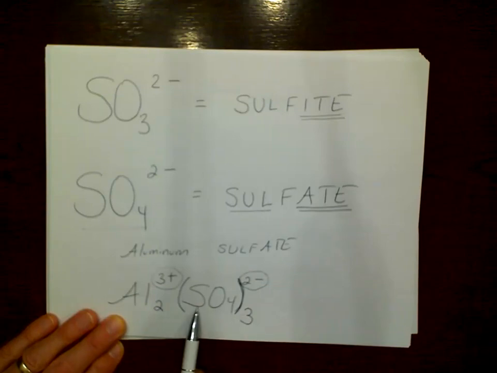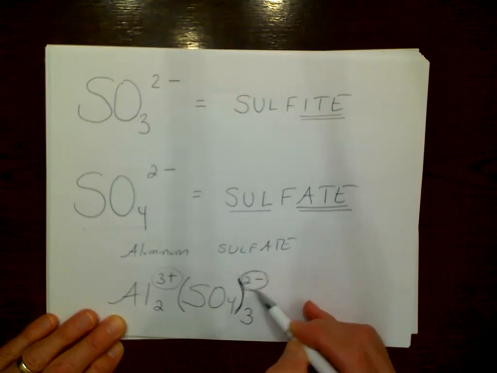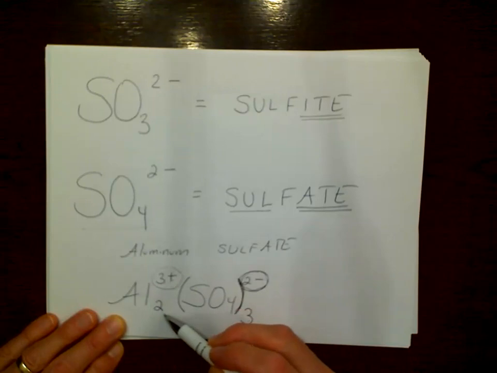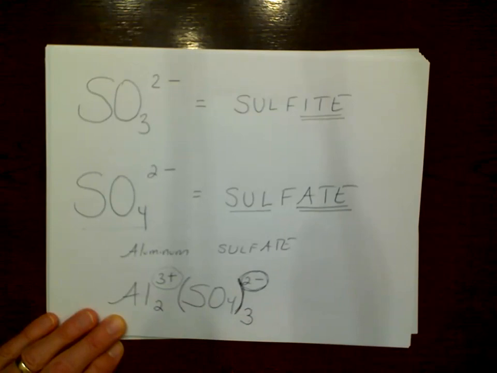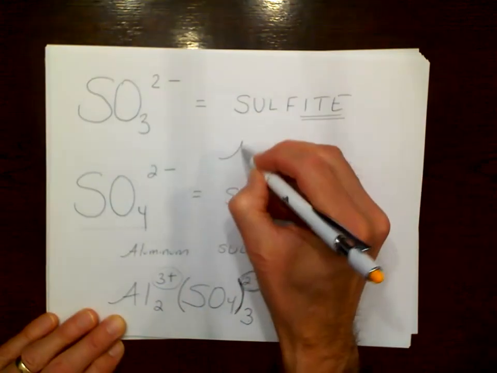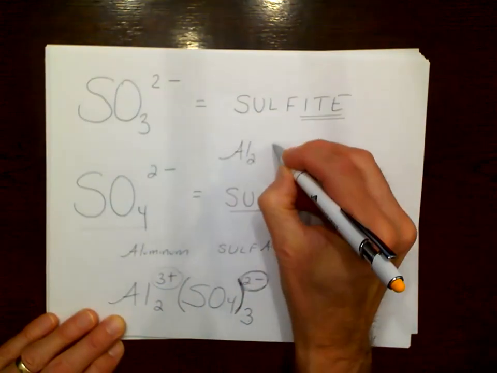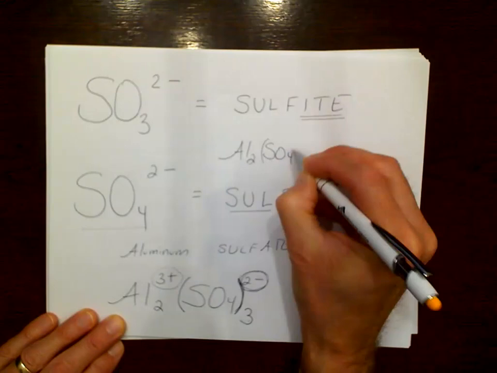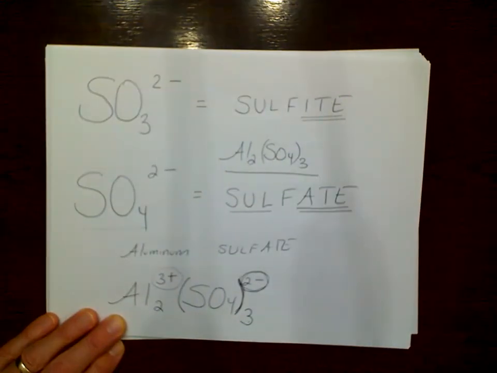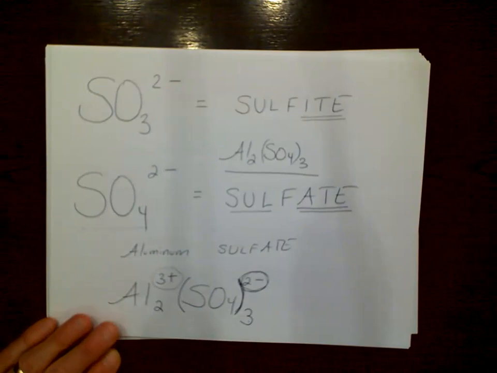So there's 3 sulfurs, there's 12 oxygens, and of course there's going to be 3 negative 2 charges for a total of negative 6 to balance the total positive 6 from the 2 aluminums. So the formula for aluminum sulfate would be Al2(SO4)3. That'd be the formula for aluminum sulfate.